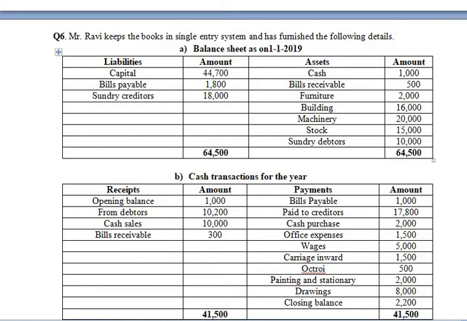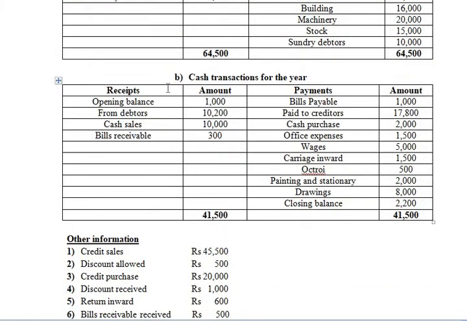Let's go to the cash transaction. Okay, now what is given in case of cash transaction? Opening balance of cash. This entry will not come because that is being posted from the balance sheet. I've already explained about this. Next, from debtors, cash received from debtors. Where will this entry come? It goes to the debtors account. So what will be the entry here? It is received from debtors, cash received from debtors.